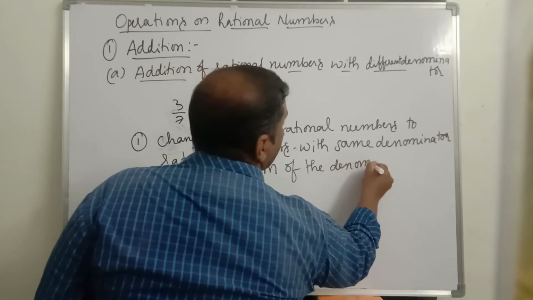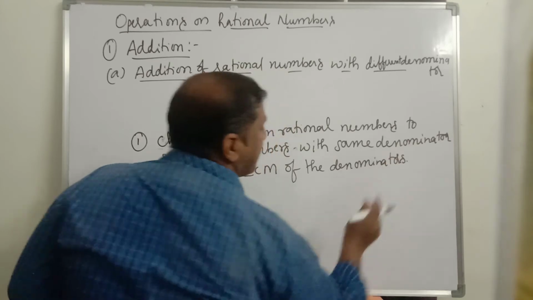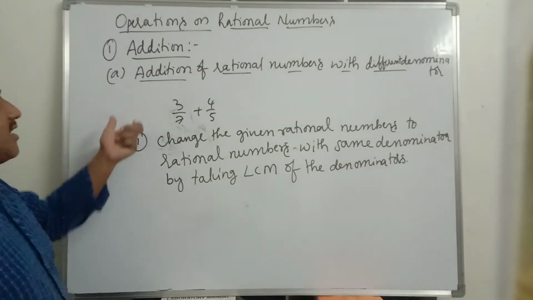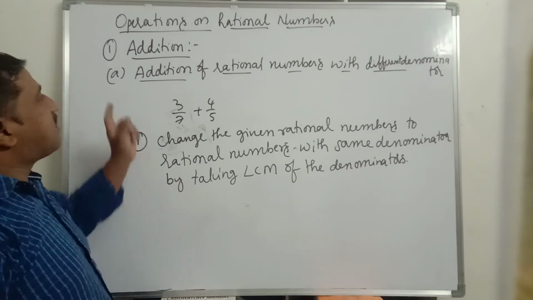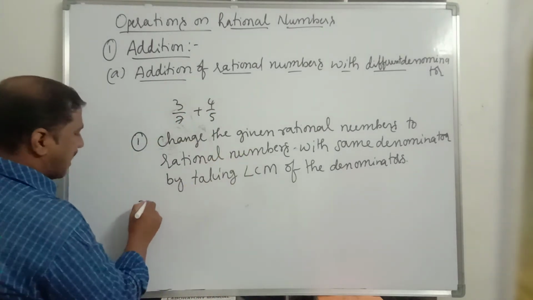Then what will we get here? We get rational numbers with the same denominator. Now what we studied in the previous topic, addition of rational numbers with the same denominator, we take as the second step.